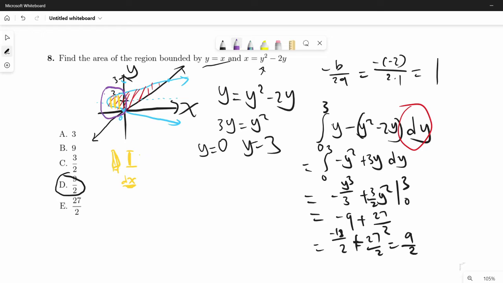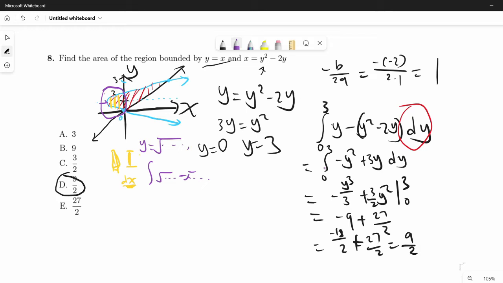For this part, this region is bounded by the same function above and bottom. So now you need to do some square roots. This is a square root function. And then your integration would be like this function, square root of something, minus square root of something.